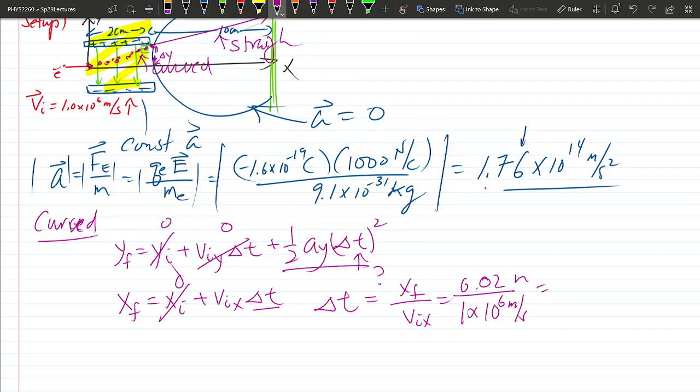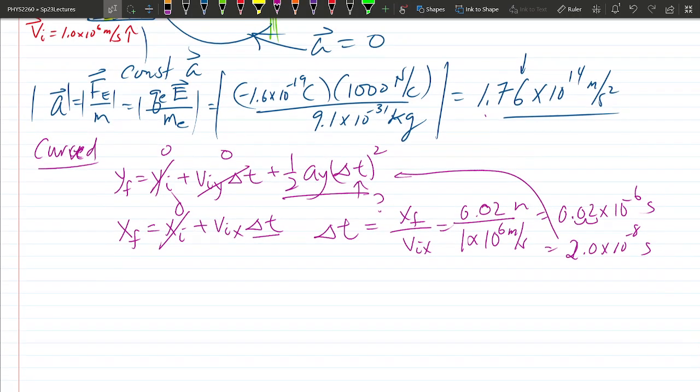So that's going to be 0.02 times 10 to the negative 6 seconds. In other words, I moved the decimal over twice. It's 2.0 times 10 to the negative 8 seconds. So that's what delta t is. Whew. So if we punch that in, my acceleration is huge, times 1/2 times 2 times 10 to the negative 8 squared.